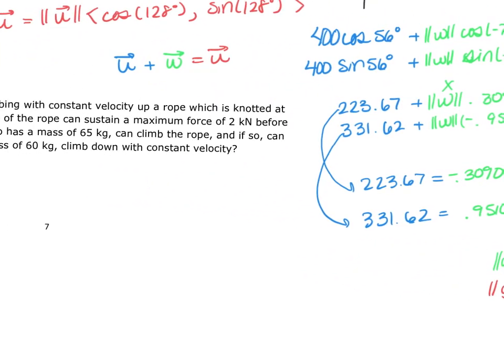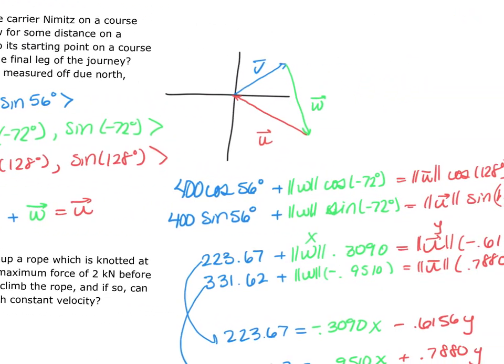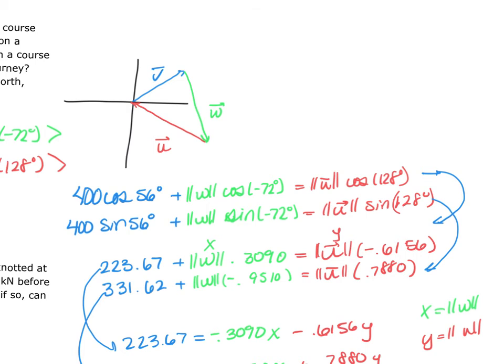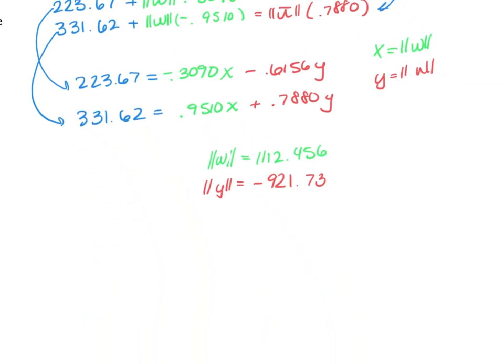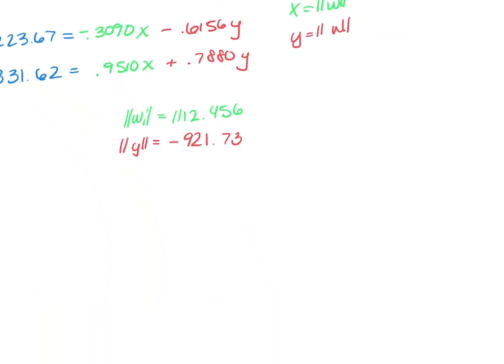Remember, the way I drew this up here, notice how I have my drawing of u is going back toward the x-axis, but really when I'm doing addition, my addition should have been something more like that, if you remember my tip to tail stuff. But because of the way that I drew it, going back and closing it, I ended up with a negative. So that just tells me my magnitude, it's not w, by the way.